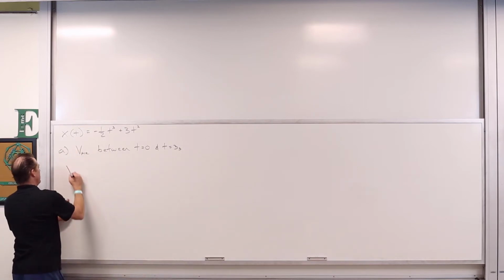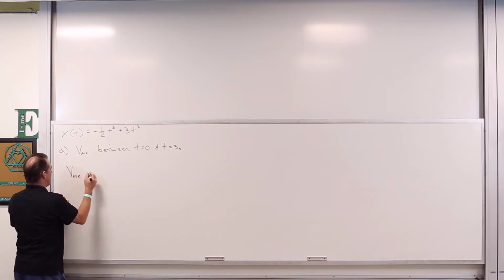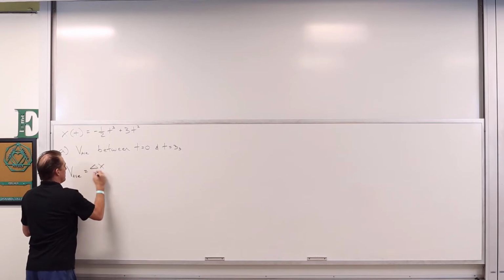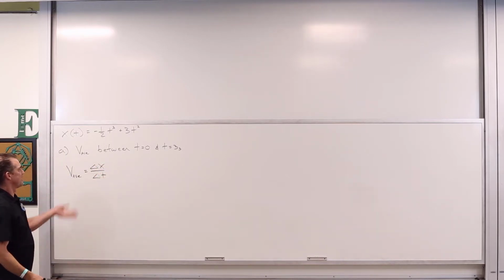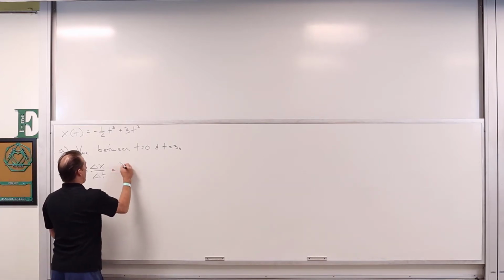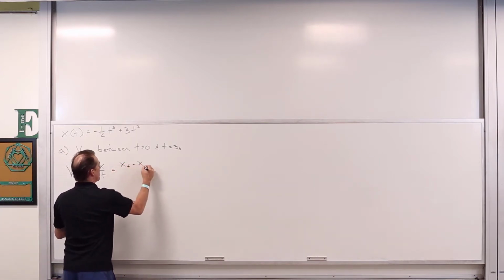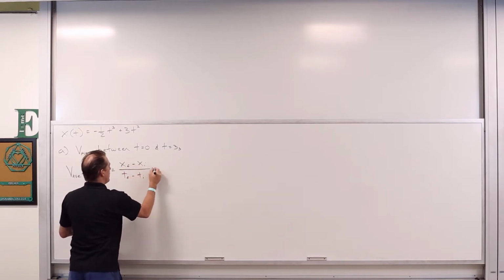The average velocity, again we're just dealing with one dimension, so I'm leaving off the vector sign, is going to be delta x over delta t. So we need to know what delta x is. Delta t is pretty easy, that's just 3 seconds. Delta x is x final minus x initial, divided by t final minus t initial, of course.